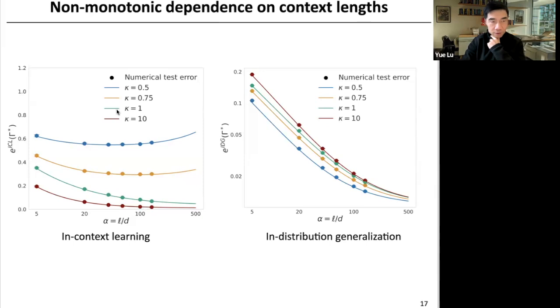But interestingly, for certain parameter settings, there's non-monotonic behavior. There's an optimal context length beyond which the generalization error actually slightly increases.